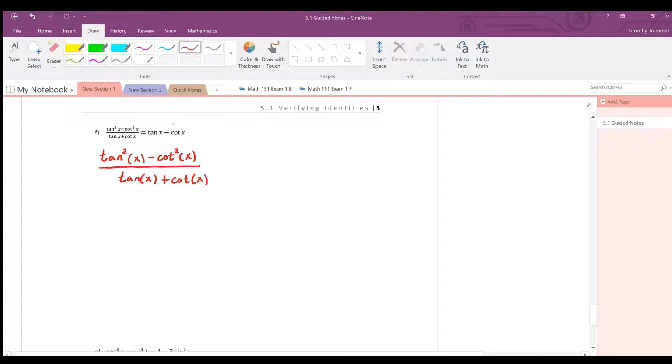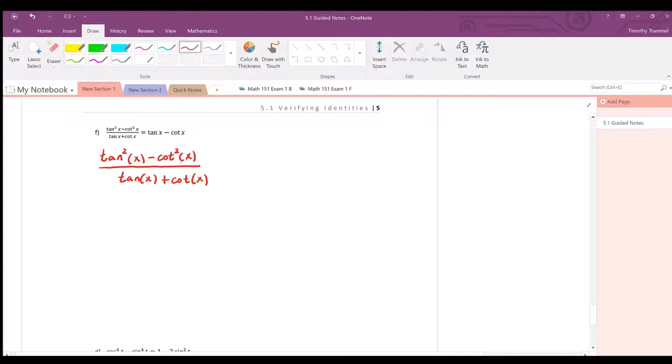And we want to end up with just tangent of x minus cotangent of x. And note that what we end up with kind of looks like the numerator, but without those squares on it. And there's a reason for that.